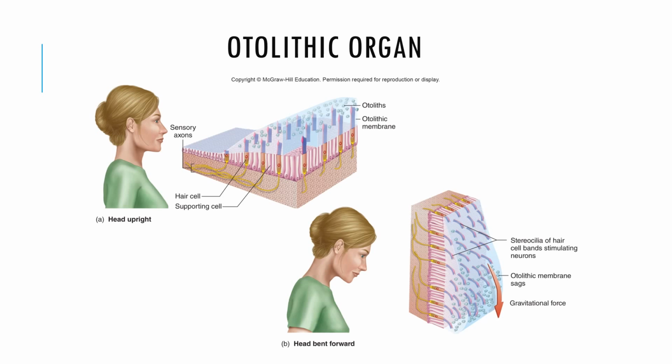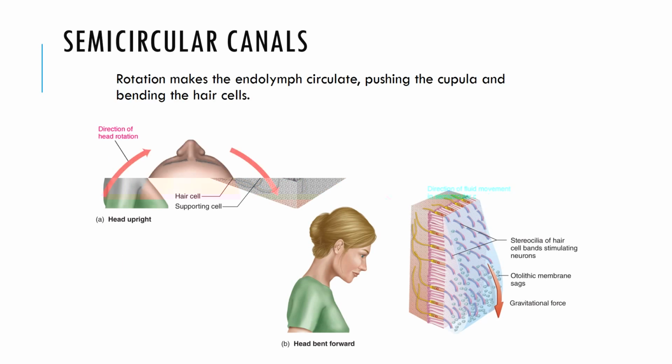The stereocilia are embedded in a gelatinous otolithic membrane, and it contains many crystals of calcium carbonate called otoliths, and these are literally ear stones. The purpose of them is that they help to give some density for these hair cells so that they're not constantly being activated and are not firing at such high frequencies.